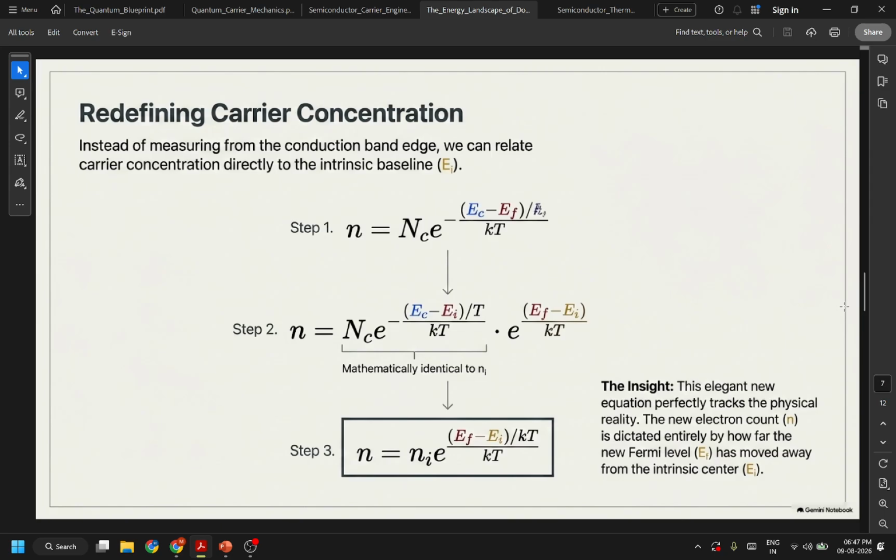So this requires redefining carrier concentration. N equals Nc e power minus (Ec minus Ef) by kT. Then we replace it with N equals Nc e power minus (Ec minus Ei) by kT into e power (Ef minus Ei) by kT.